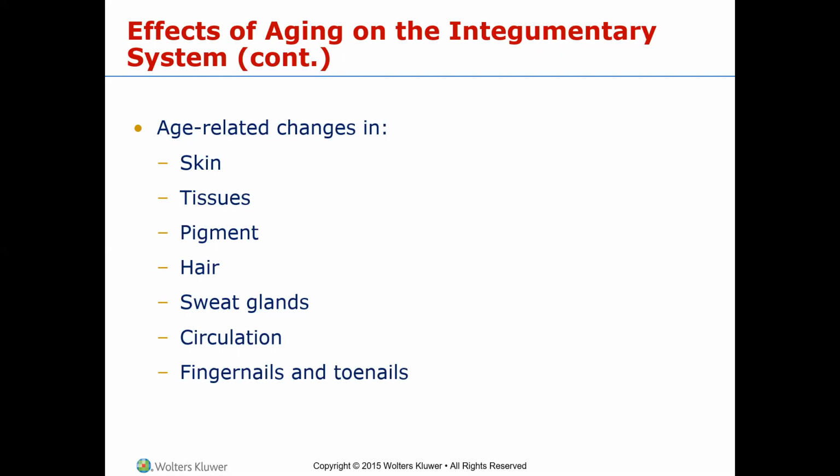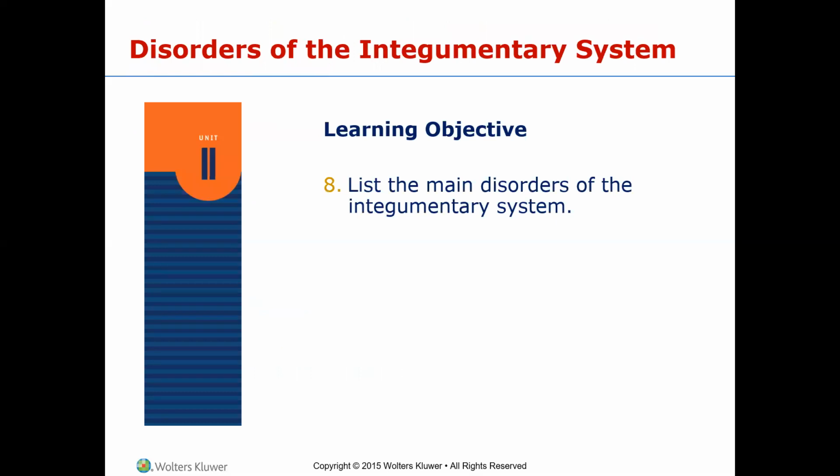And then we have the loss of some pigment as a result of the lack of vascularization. Our hair becomes drier. Our sweat glands are not producing the perspiration. We don't have the circulation that we did, and there are some indications of disease as a result of changes in our fingernails and our toenails.